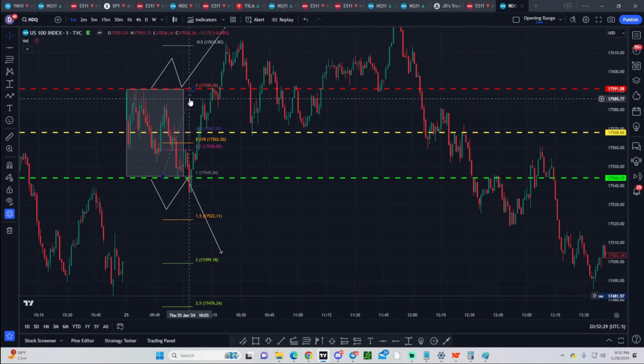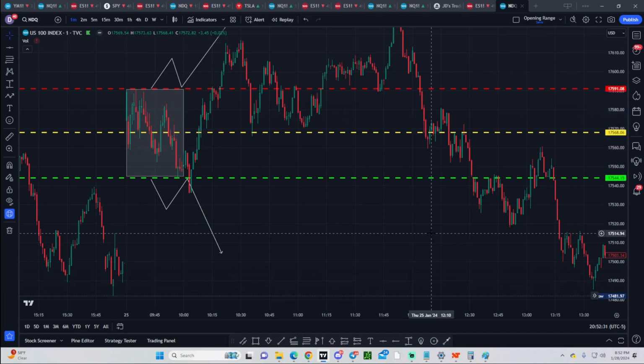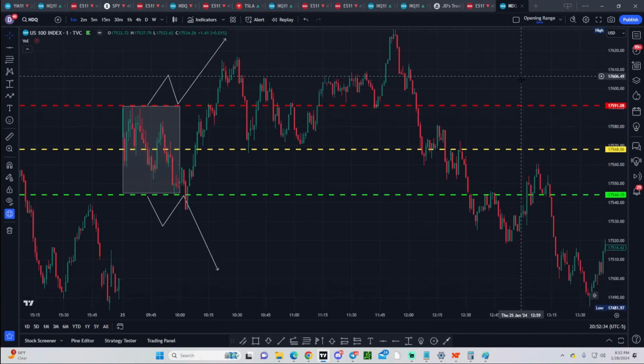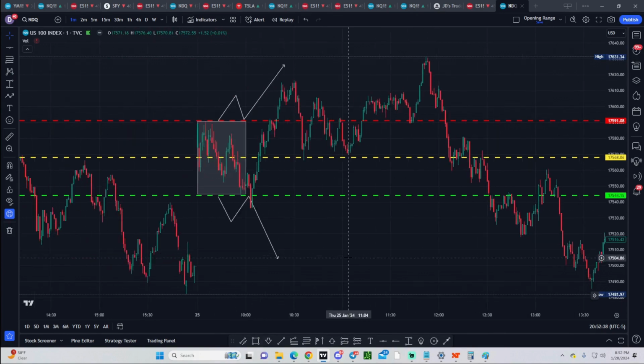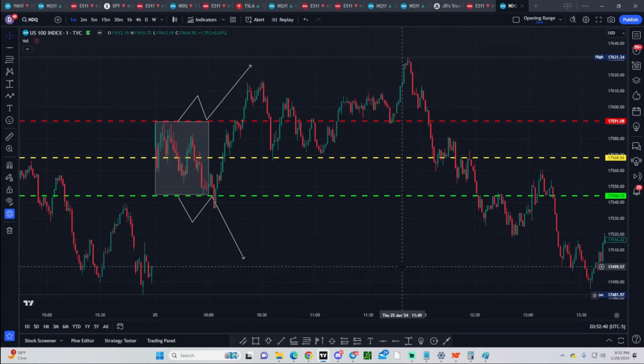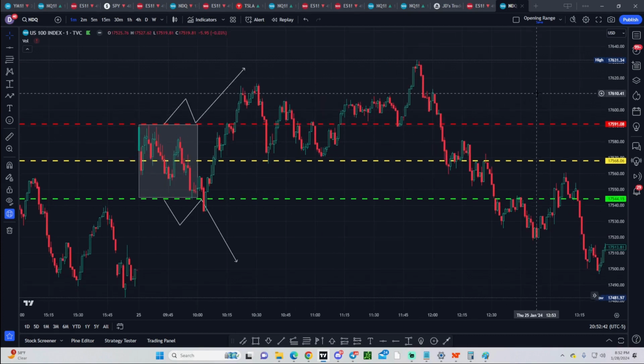We can also use the midpoint for entries, but that's going to be an aggressive intermediate strategy, not necessarily something that is applicable to a beginner. All right, so what we're looking for is opportunities to trade to the upside or trade to the downside.